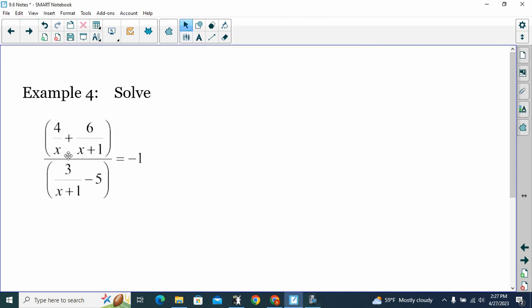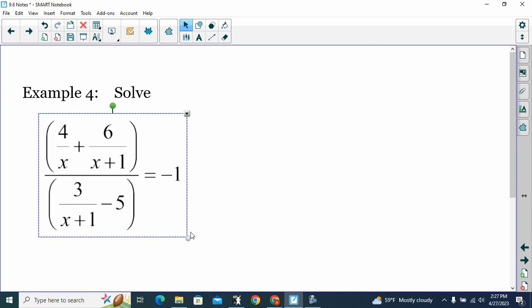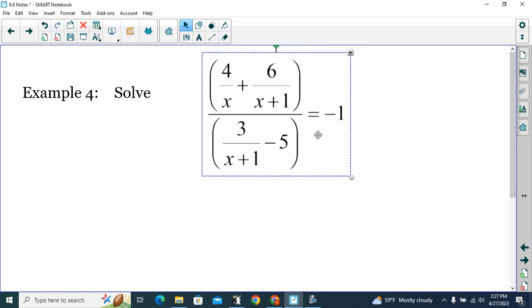Example 4 looks pretty awful here. We've got 4 over x plus 6 over x plus 1, all over 3 over x plus 1 minus 5, is equal to negative 1. Again, lots of different ways that you could solve this.